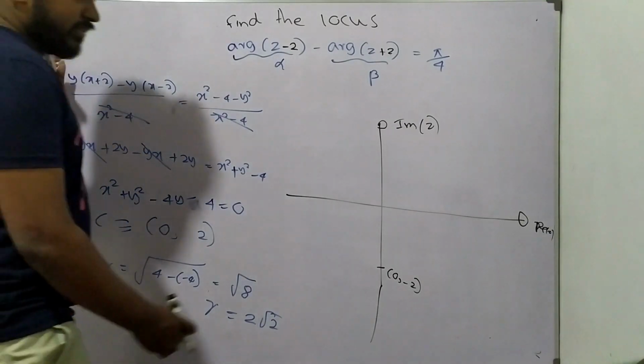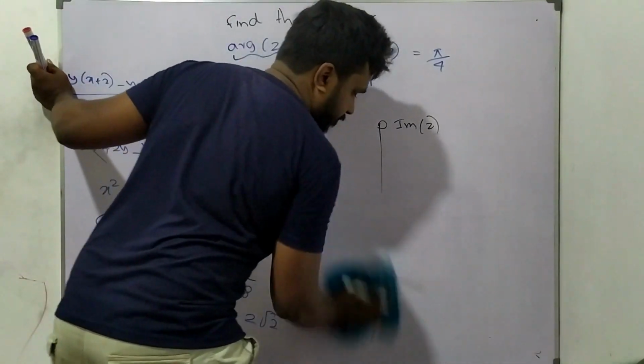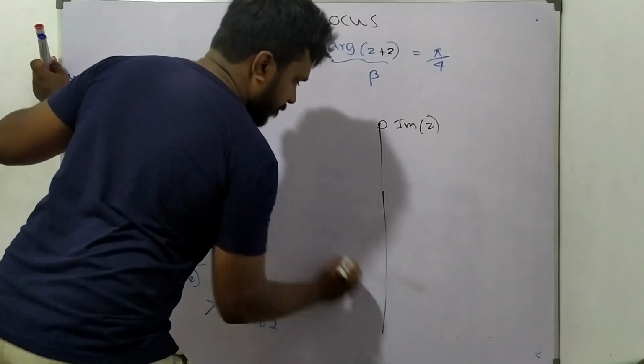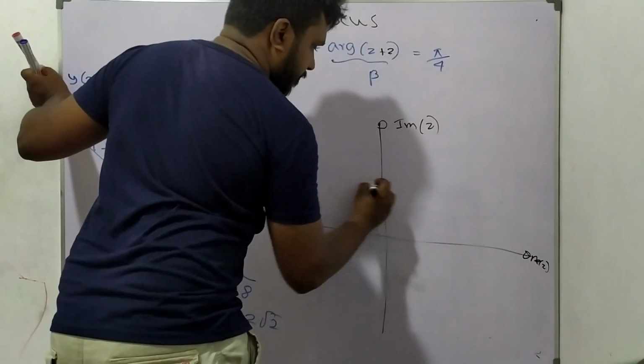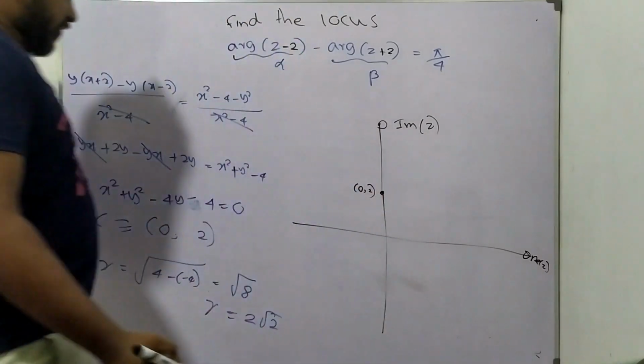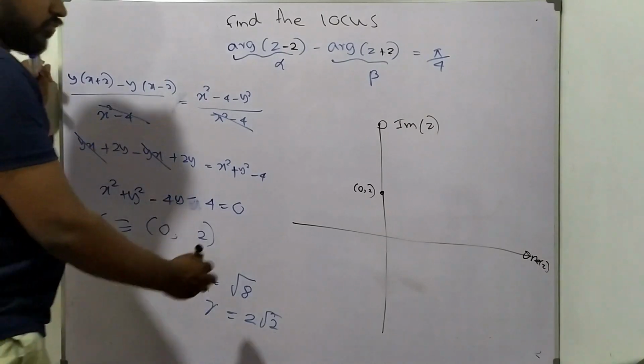So here real z is plus 2, 0, 2. So then the circle has radius 2 root 2.